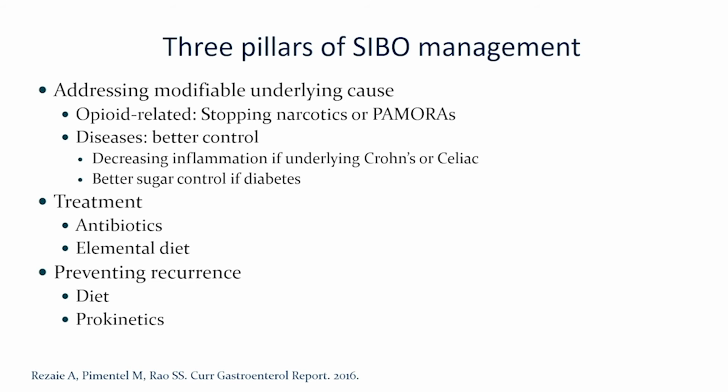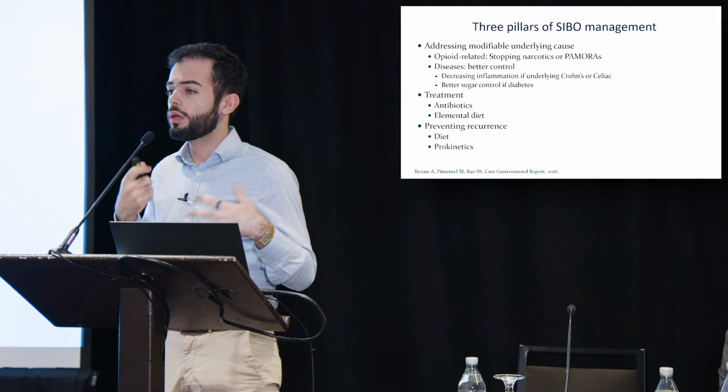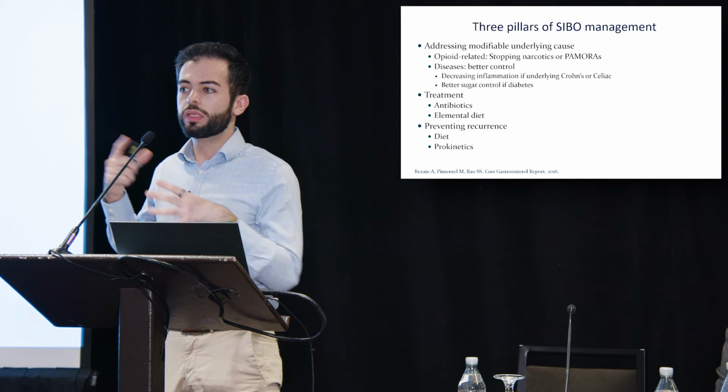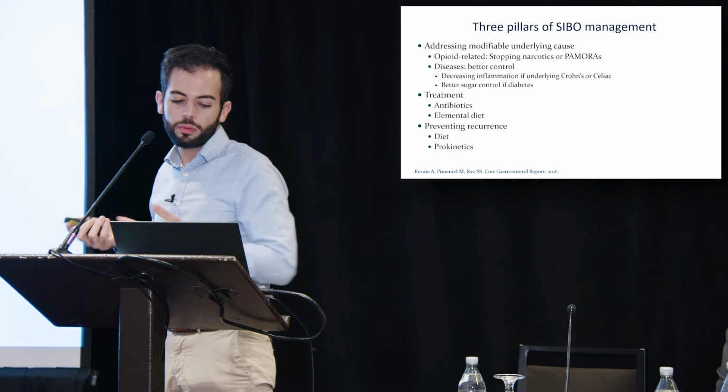Or if it's diabetes that's causing dysmotility of the gut, we try to at least prevent it from getting worse and maybe make it get better. So ideally we would have perfect control of the underlying disease, Crohn's, celiac disease, diabetes, anything of the sort that we can control, we try to. And we hope to do that before we try to eradicate the SIBO.